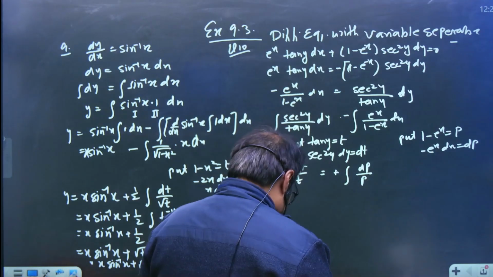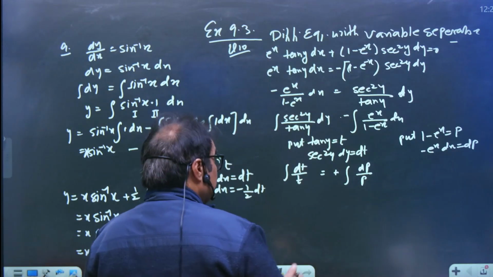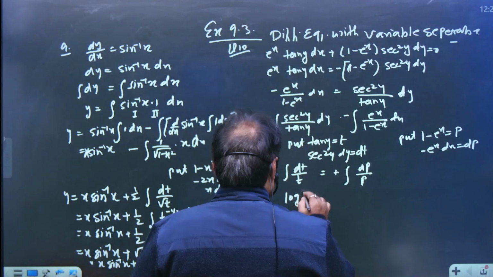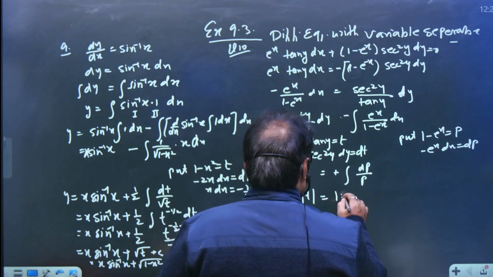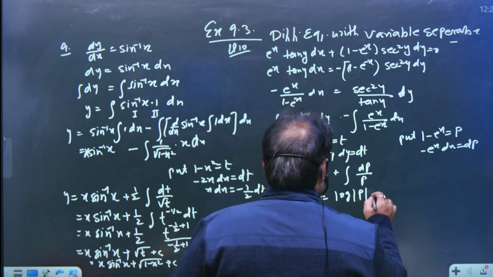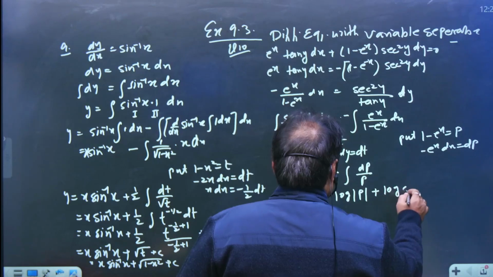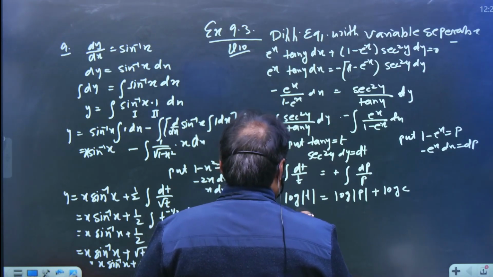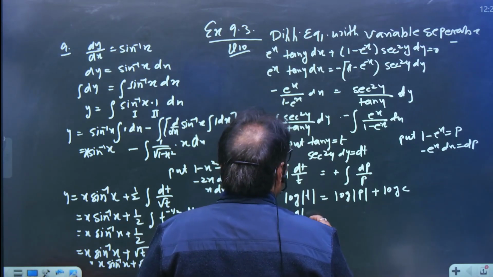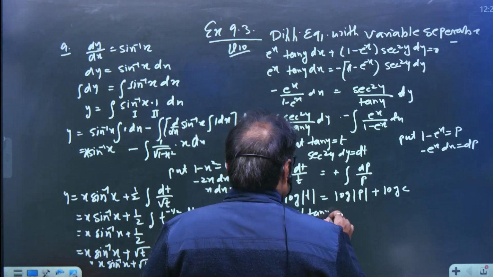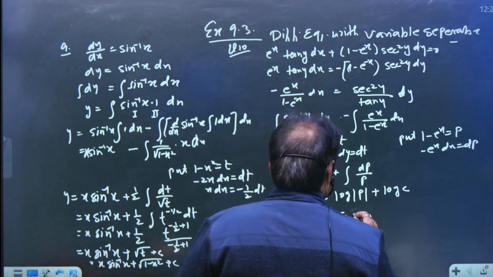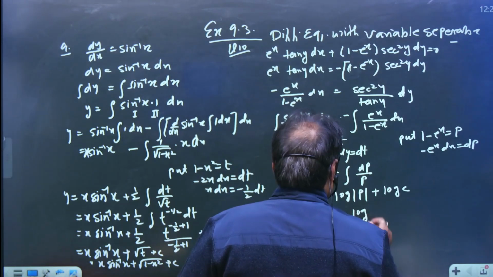And now integrating on both the sides, it will be log modulus of t is equal to log modulus of p and plus take log c. So the value of t, that is tan y, is equal to log pc.